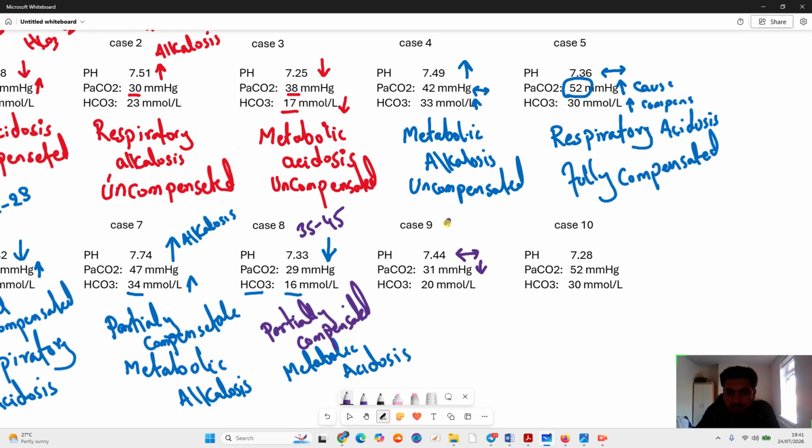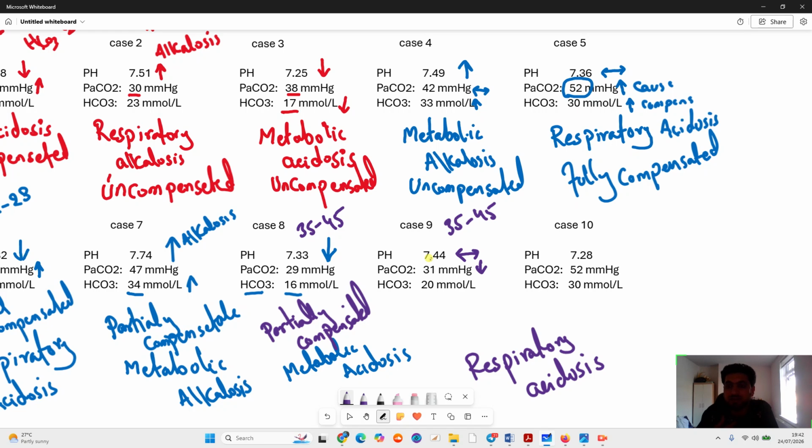The partial pressure of the carbon dioxide is less, because normally it's between 35 up to 45. It's less. Due to that, the pH is slightly going up. So we call it respiratory acidosis.